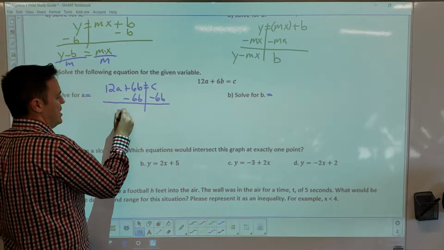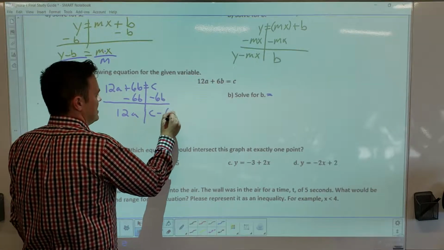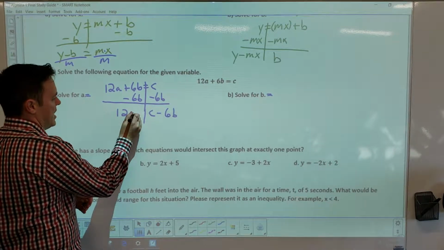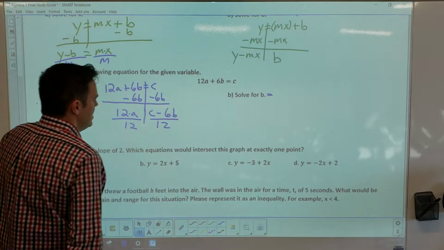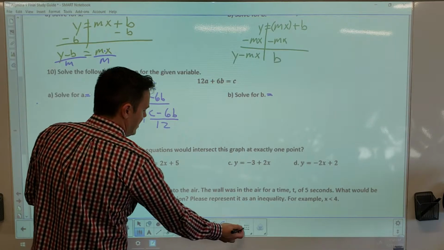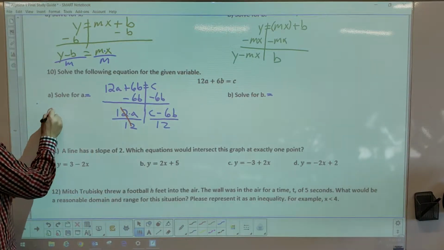And when you do that, you get 12a on this side, and then you have c minus 6b on this side. Now, ladies and gentlemen, this is multiplication, so you need to do what? Divide by 12. Okay? So when you get to this point, you need to realize, let me do simplification. And when you simplify, these cross off, so you get a equals.